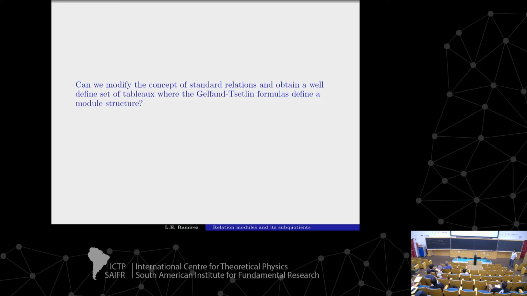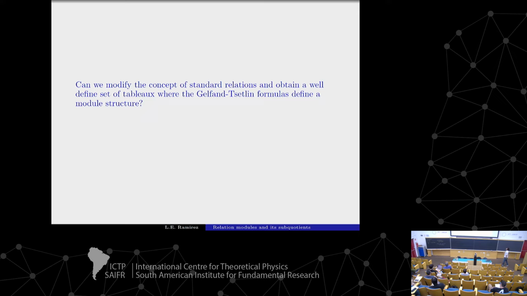Is it possible to change a little bit or a lot these conditions on the entries in order to obtain a module structure on a certain vector space generated by tableaux? If we change the conditions a little bit, do we still have the same structure of GLN module? Importantly, we want to use the same Gelfand-Tsetlin formulas in order to obtain new modules.